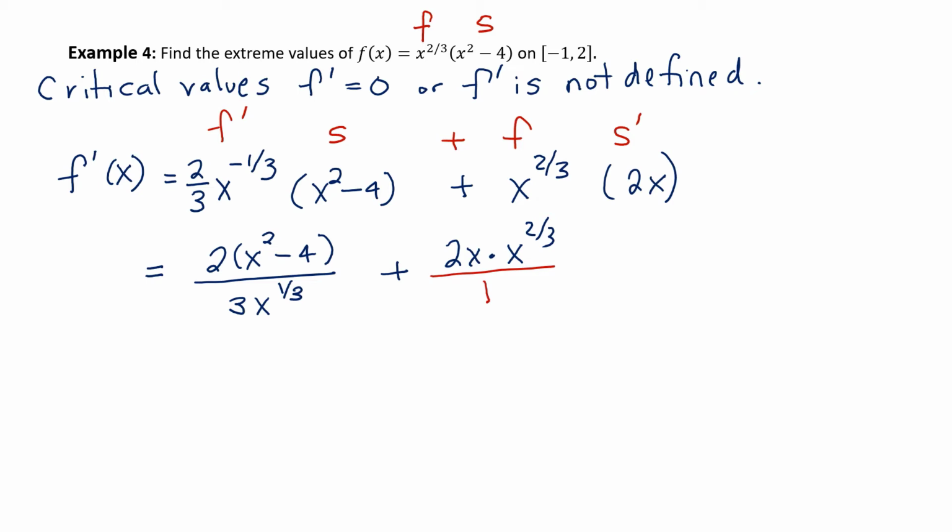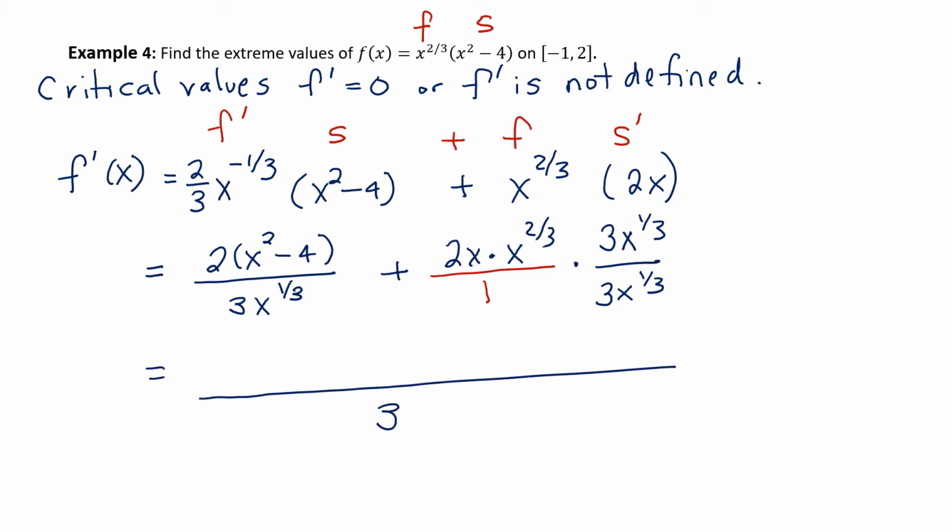In order to combine these terms, we need a common denominator. So we'll multiply the numerator and the denominator of the second term by the denominator of the first term. In so doing, we have a common denominator, 3x^(1/3).